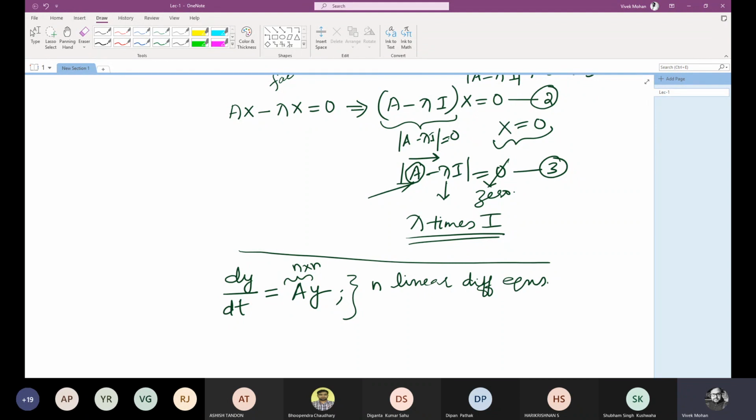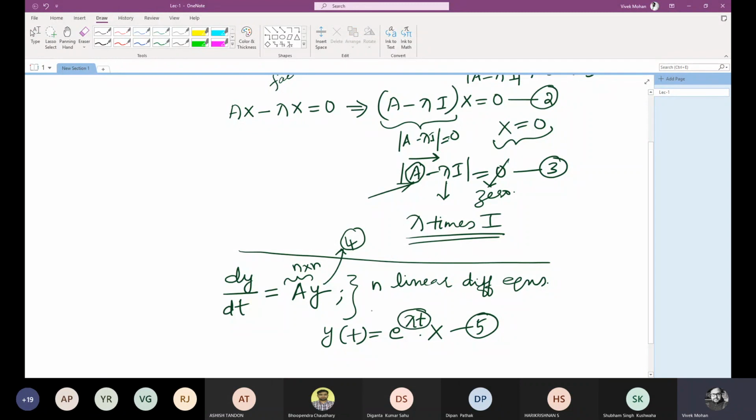Now, how will you find the solution? We look for y of t, which is equal to e raised to lambda t into x. Let this be equation 5 and the differential equation be equation 4. Here we can see that all the time dependence is in the exponent.